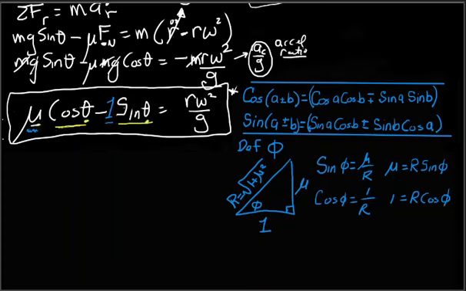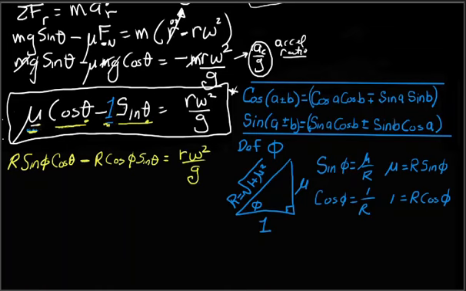What we'd like to do is take these values and put them in over here. So if we do that, we'll get R sine phi for mu minus, now this 1 is R cos phi, sine theta, and it's r omega squared over g.